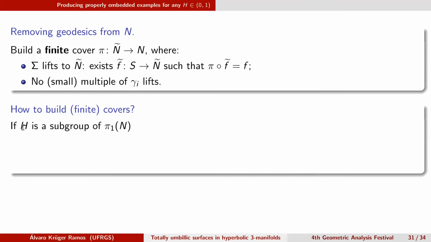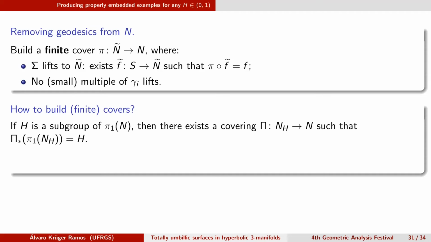So if H is any subgroup of pi 1 of N, there exists a covering from N_H to N such that the push forward of pi 1 of N_H is exactly that subgroup H. And more importantly, the index of H in pi 1 of N is equal to the number of sheets of pi.